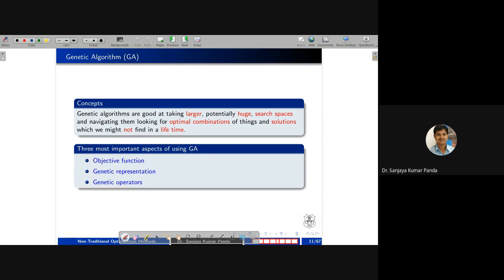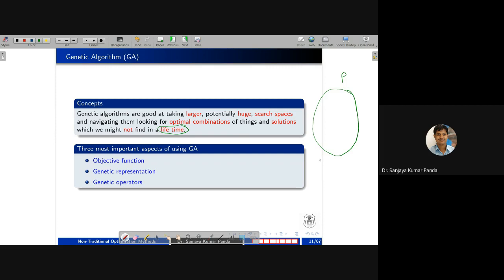If your search space is very large, where search space means all possible solutions for a particular problem P, and if getting all possible solutions is feasible, then the problem is very simple. But if getting all possible solutions will take an entire lifetime, then this is not feasible, so in that case you can apply the genetic algorithm.